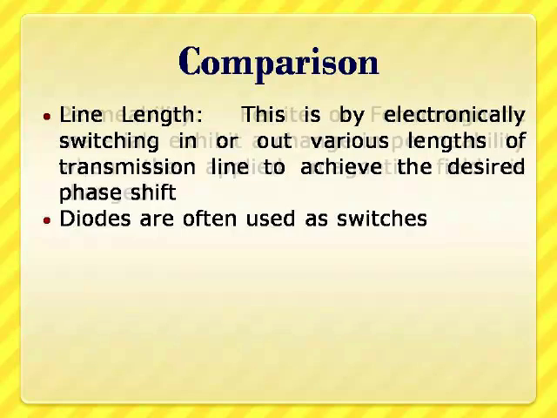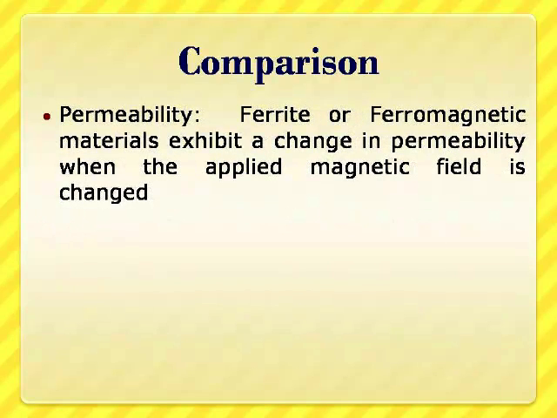The third one is by changing the permeability of the medium between the input and output of a particular block. So this block will have ferrite or ferromagnetic materials, and they exhibit a change in the permeability when the applied magnetic field is changed. So by using an electromagnet, we change the magnetic properties of this medium.